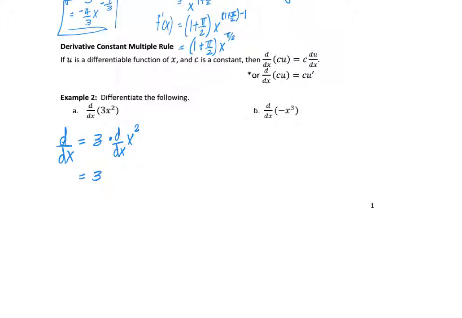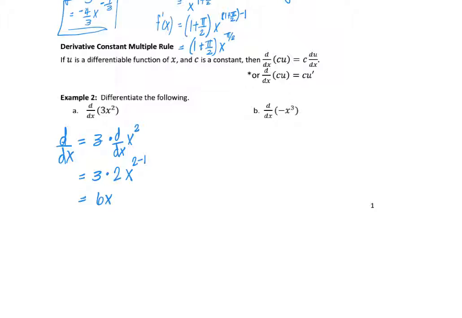When I'm taking the derivative of x squared, the n in this case is 2. So you put a 2 out front, you raise x to the power of 2 minus 1, which is the first power, so I come up with a nice answer of 6x.